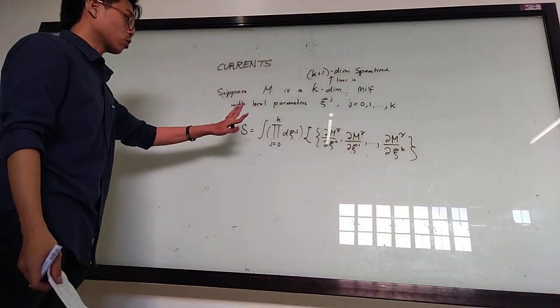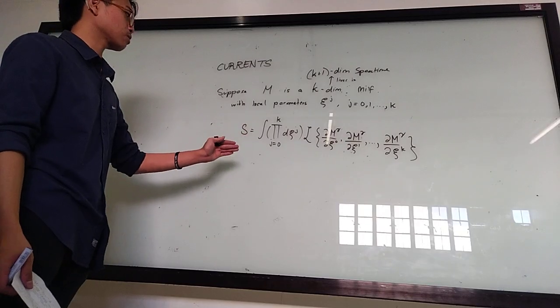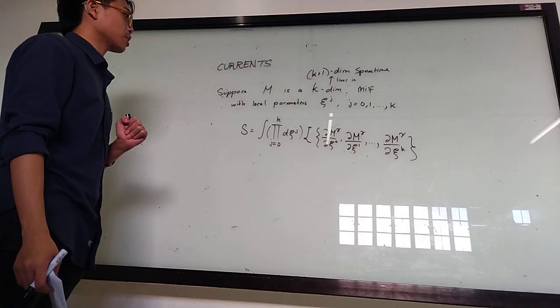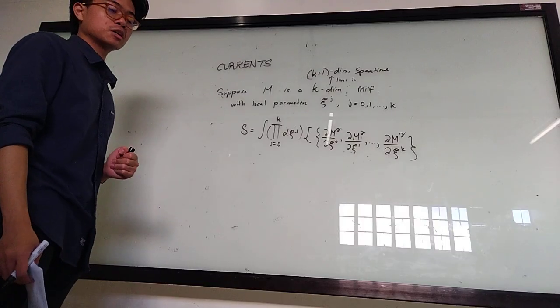So this is the general form, the most general we can get in expressing the action of a certain Milf string M with k dimensions.